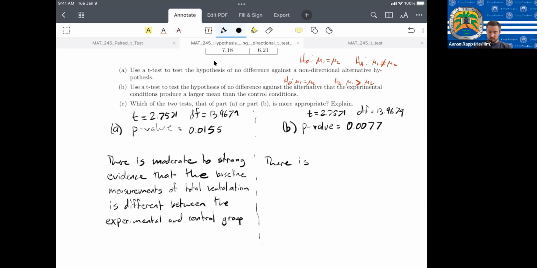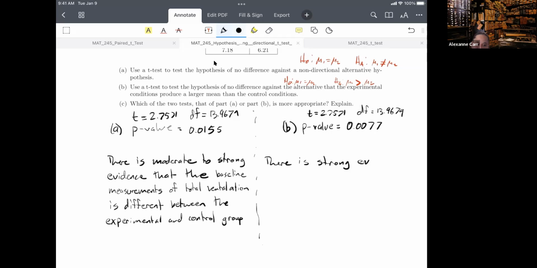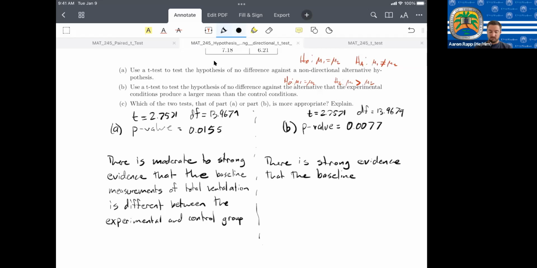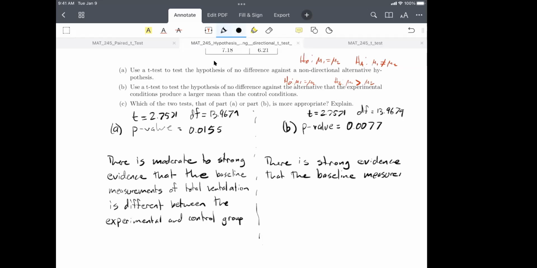Yep, there is strong evidence for what? That the baseline measurements of total ventilation are what? Greater in the experimental group.